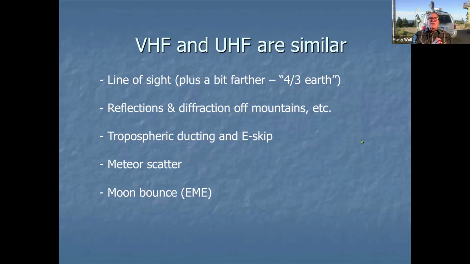Tropospheric ducting is a feature that usually pops up in a big way in Southern California once every summer. It's been getting a lot shorter lately, but we used to have up to a week where stations at the appropriate elevation on the West Coast would hear signals in Hawaii.